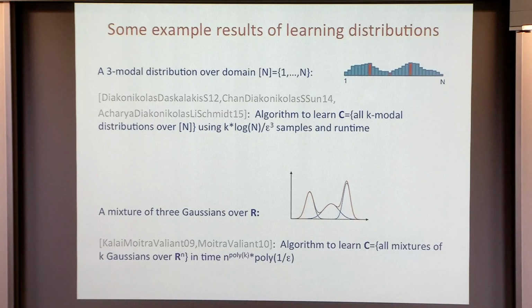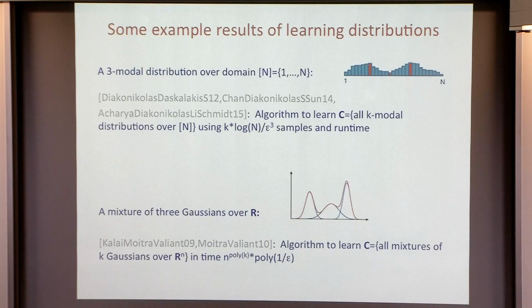So in one dimension, sometimes we can get these very strong results where we know the exact information theoretic correct sample complexity, and we also are able to come up with algorithms which run in really the right amount of time as well. In high dimensions, things get a lot harder. This is a cartoon picture of a mixture of three one-dimensional Gaussians. I'm not enough of an artist to draw a mixture of n-dimensional Gaussians, but in very impressive work, it has been shown how to learn mixtures of, say, k Gaussians over n dimensions.